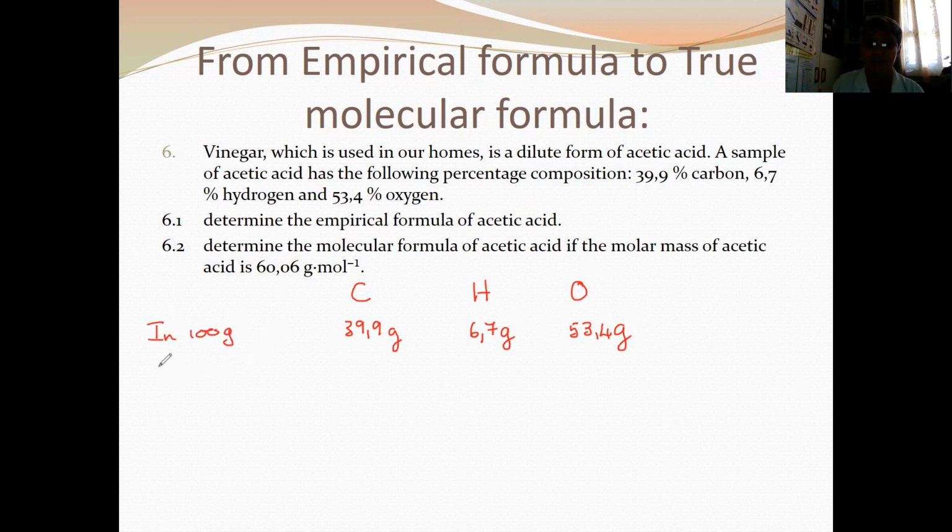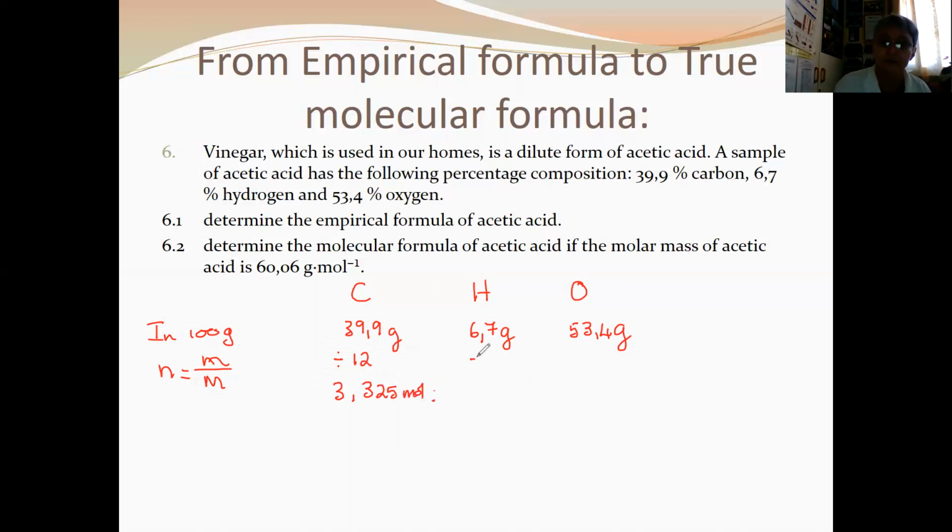The next step is to turn the masses into moles by taking the mass and dividing it by the molar mass. Carbon is divided by 12, so 39.9 divided by 12 gives us 3.325 mole.